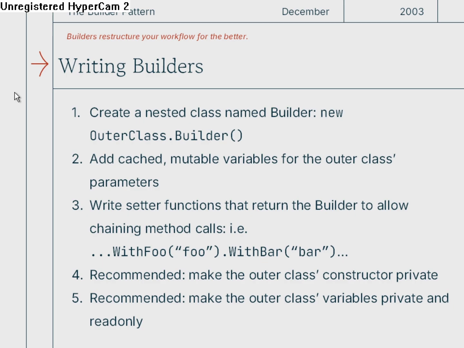Okay, so moving on. Number 4 and number 5, both recommendations. You want to make the outer constructor private, and the outer class's variables private and read-only. Good stuff. Okay, why? Because it promotes consistency of your class. You have invariance.